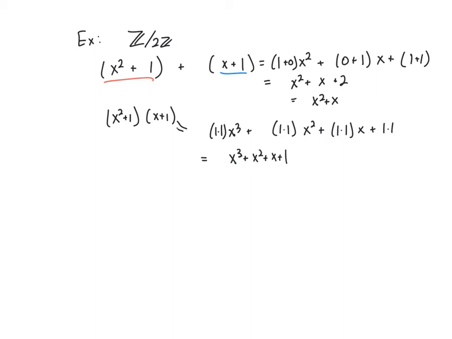Oddly enough, like I said, there's a reason we look at this as an abstract polynomial. If you decide to look at this as a function, let's call this result r of x for now. R of 0 is 1, and r of 1 is 0. But you would discover that those are the exact same function values you would get from x plus 1.